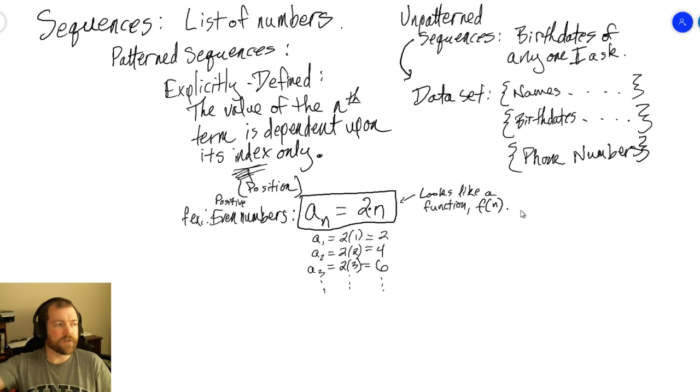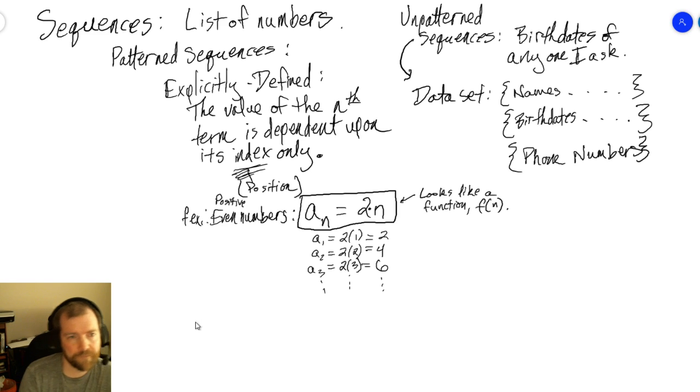So talking about any of the functions that we've ever seen before, linear, polynomial, exponential, log, some sort of combination of rational functions with exponential functions with polynomial functions, that's possible. It can have literally almost anything you want in it. And the other type is those which are implicitly defined.